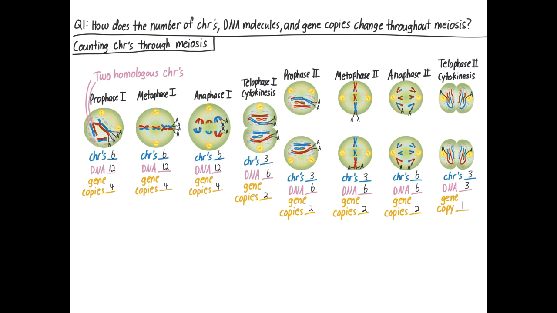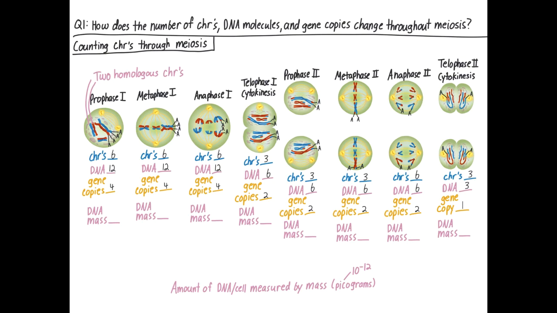Sometimes the amount of DNA in a cell is not measured by the number of DNA molecules, but instead by the mass of DNA present in the cell. DNA in eukaryotic cells is often on the order of a few picograms. A picogram is 10 to the minus 12 grams.